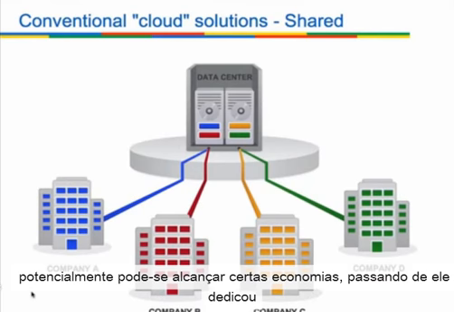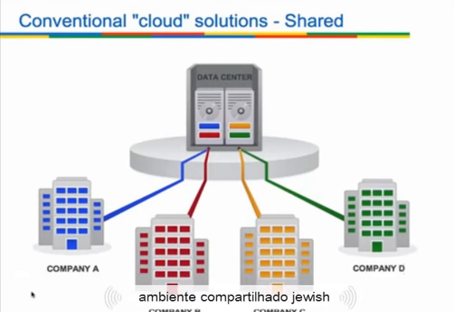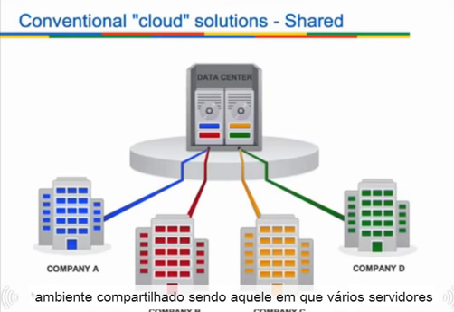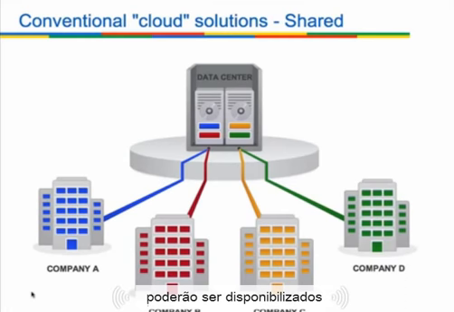Potentially one can achieve certain economies by moving from a dedicated to a shared environment. A shared environment being one where multiple servers might be made available to a group of customers.